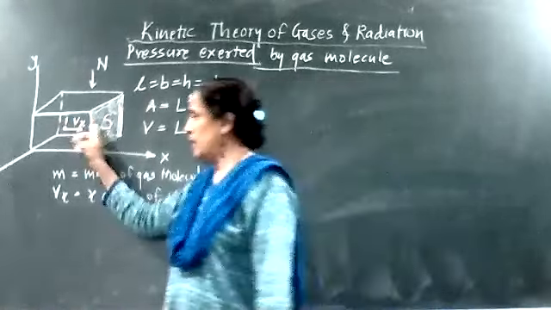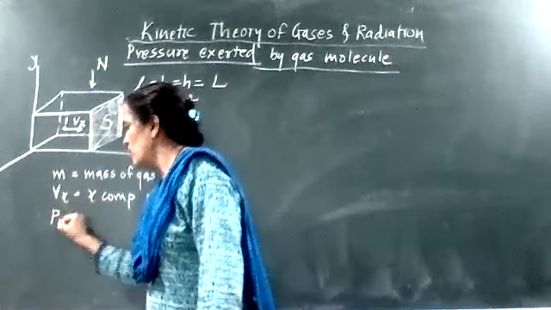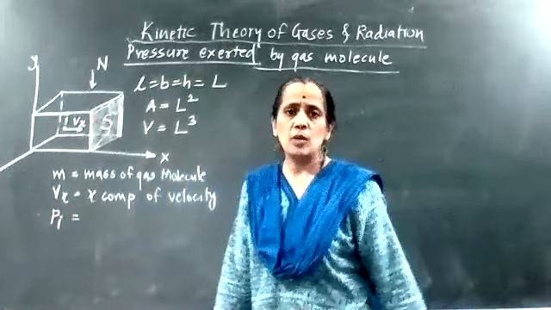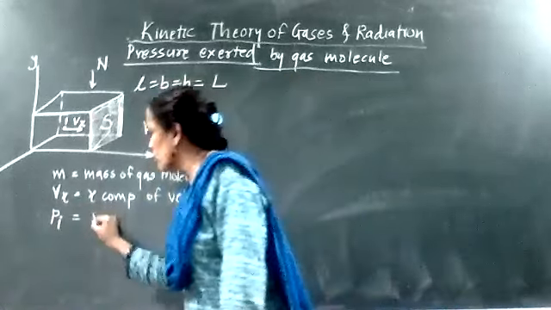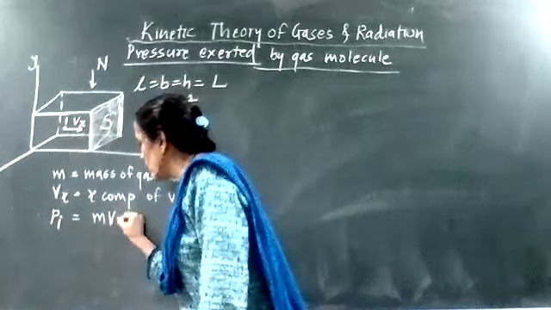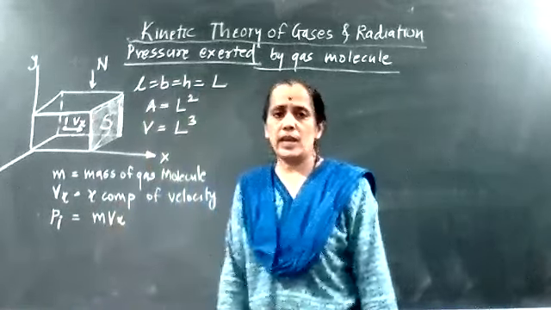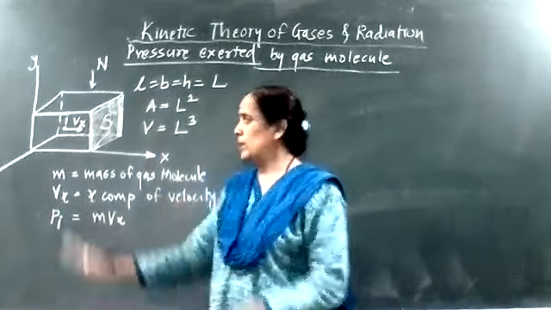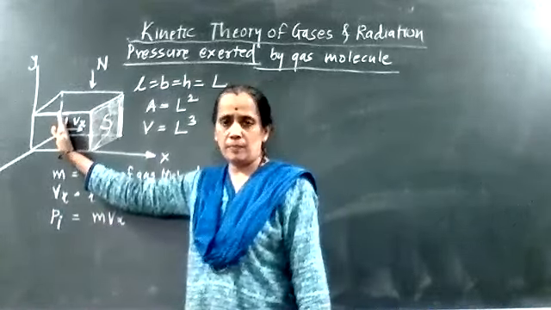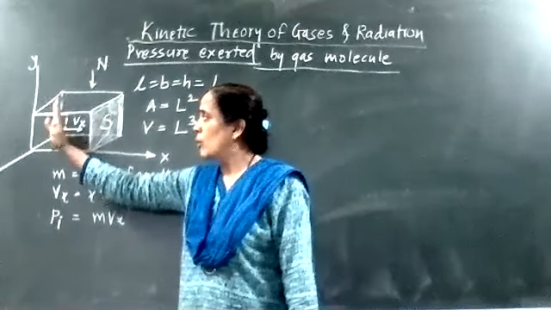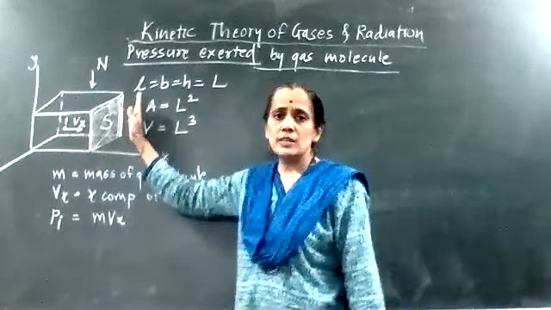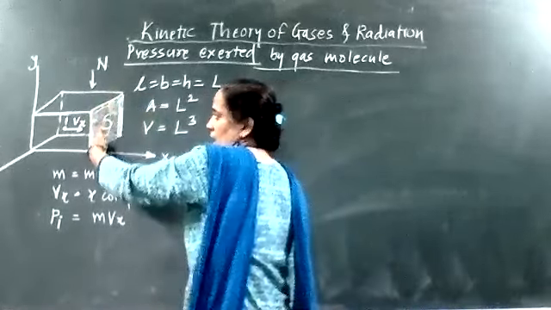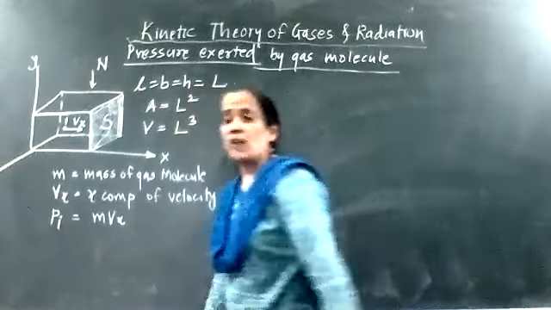Therefore, I can say that the initial momentum of that gas molecule, Pi, I for initial, P is momentum, is nothing but m into Vx. With that momentum, the molecule is traveling from the origin to the opposite surface area S. Now this surface area S is parallel to the YZ plane.